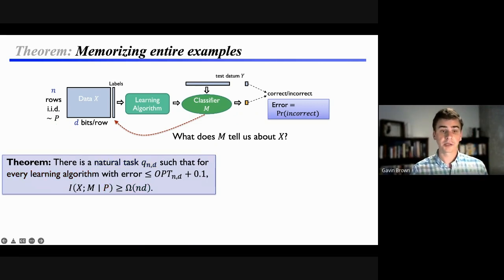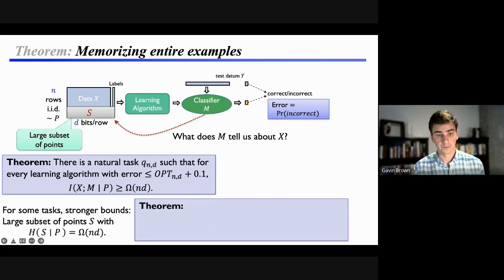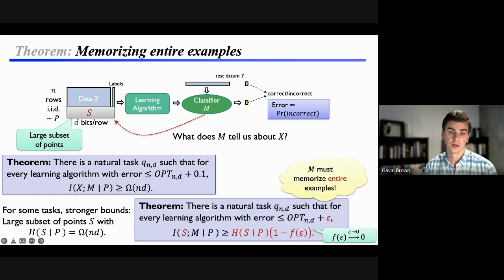For some of our tasks, we're able to prove even stronger bounds qualitatively. For some, we'll establish that there is a large subset of points, which we'll call S, some special examples. And this S will itself have a lot of information in it. Its entropy will be a constant fraction of the entire data set. We prove that there are natural tasks such that for every learning algorithm with error within epsilon of optimal, the mutual information between this subset S and the classifier approaches the entire amount of information in S. So we have this 1 minus f of epsilon term.